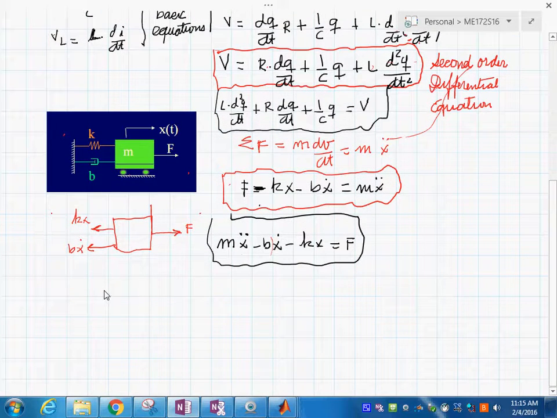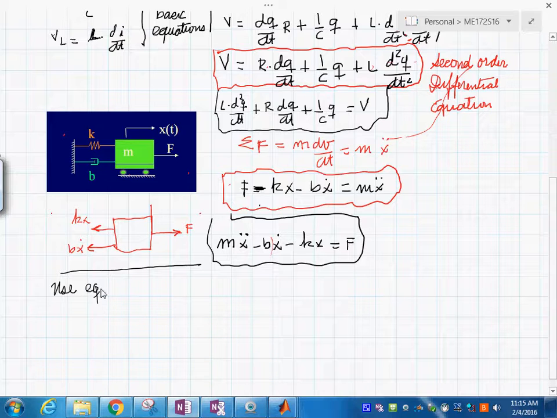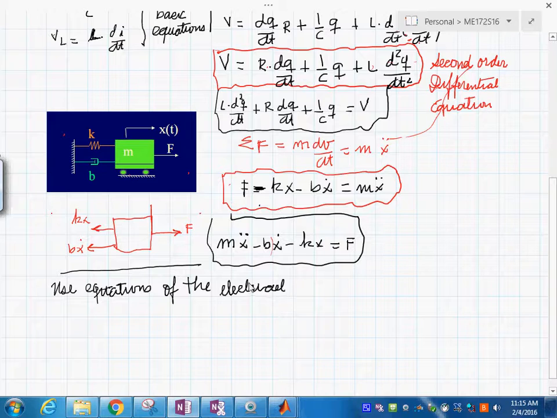So just so that we don't confuse things, I'm going to draw a line in here, and we say use the equations of the electrical system. And then you go to Simulink. Okay.